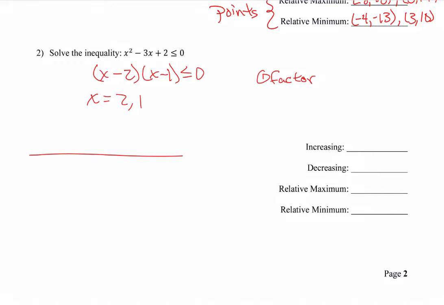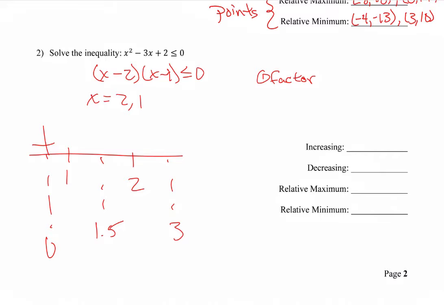Then I draw a sign chart. I have 1 and 2. Then I pick values in each of the regions: 0, 1.5, and 3. Then I test my values. Remember that I only care about the sign. For 0, I'm going to put it back into the original, and so I get positive.